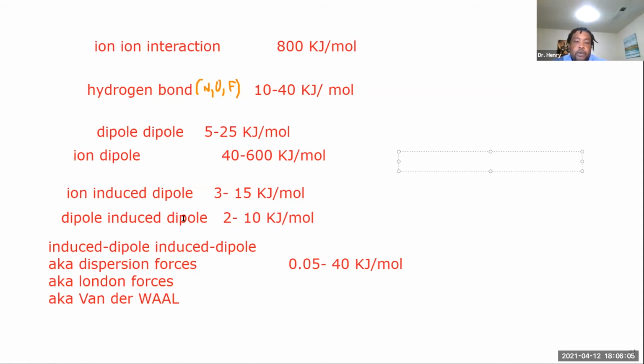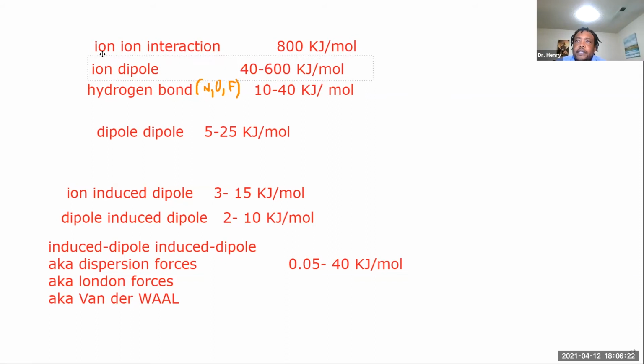That one's pretty weak as well. And then this guy is a little bit stronger, but still kind of weak. The strength goes up as we go up, although this guy got shifted, he should be up here. So dipole is going to be the next one. Then we have hydrogen bonds. Then we have ion dipole. And then, of course, ion interaction is pretty strong. Questions, concerns?